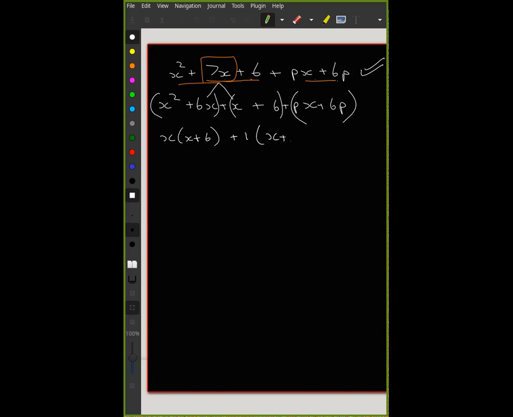No, you need to write down that 1 outside, otherwise you'll forget this. Please, everyone, remember this. Even though there is no number here, write this one down, because whenever we combine, we tend to forget that there is a 1 outside and the answer goes wrong. Plus p into x plus 6, which is again x plus 6 into x plus 1 plus p.